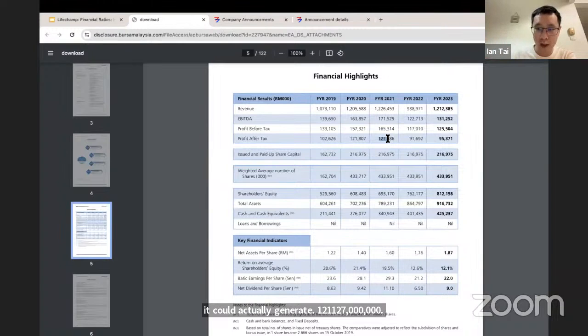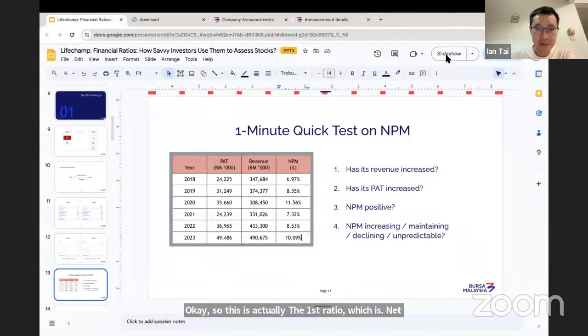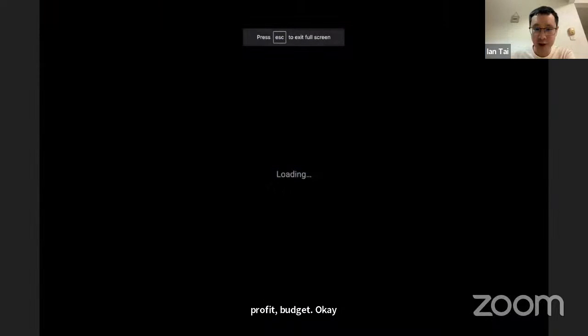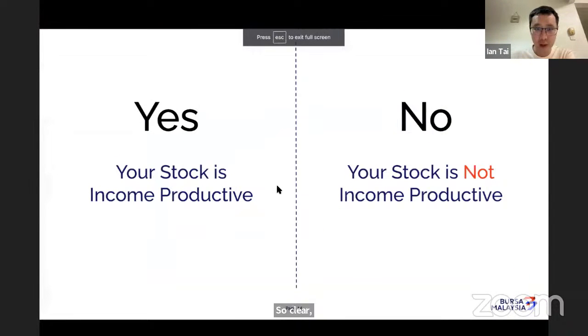So you want to find out why. You have to investigate. This is something that we will be doing. So this is the first ratio, which is net profit margin. So clear? With that, let me move on to the next one.